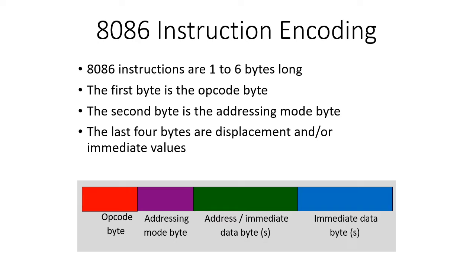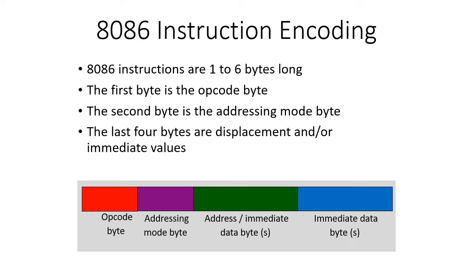The direct address value or displacement value immediately follows after the addressing mode byte. The immediate data values follow after the address value or the displacement value. It is important to note that direct addresses, displacement values, and immediate data values can be 1 or 2 bytes long.